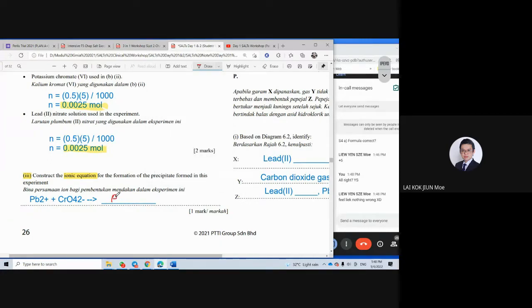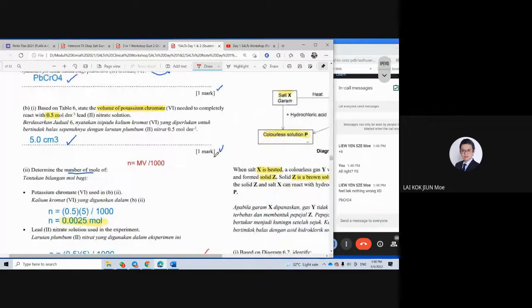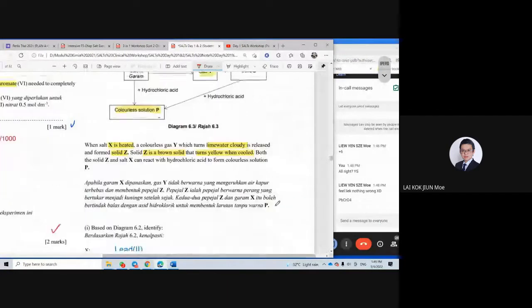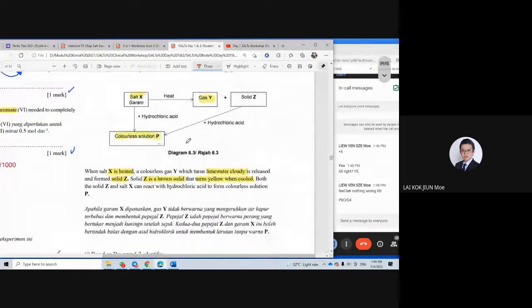So the Pb2+ combines together with the chromate ion. So it will form PbCrO4. Thank you, Yanxi. Very good, Yanxi. Now, until number 3, still safe, no threat for you. How about question number C?